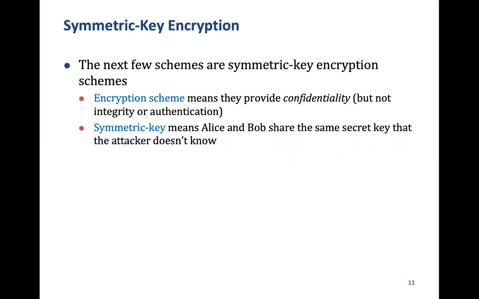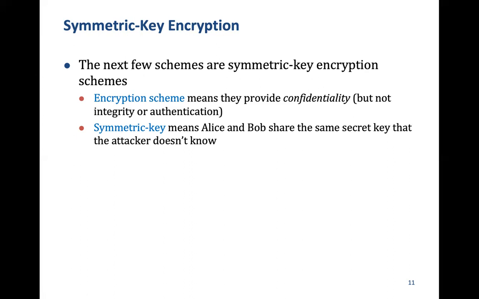That's confidentiality. Now there is another word that comes here, which is symmetric key, right? The one here at the top. Symmetric key means that Alice and Bob both share the same key.